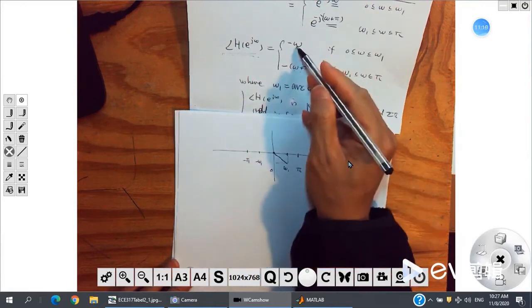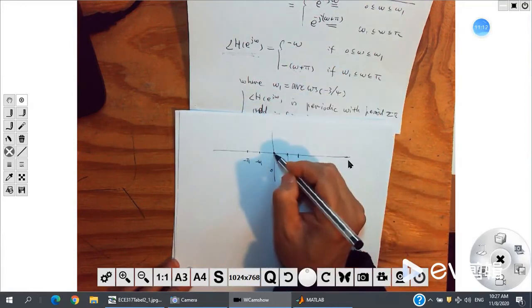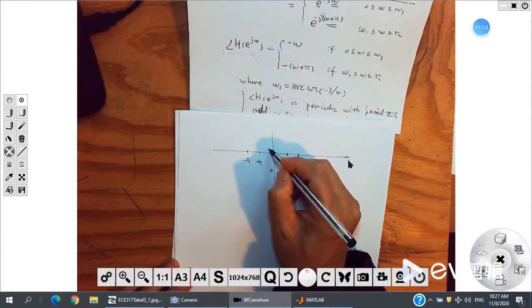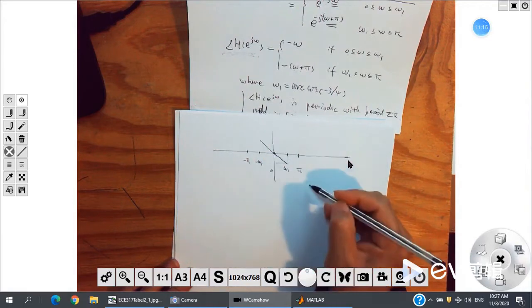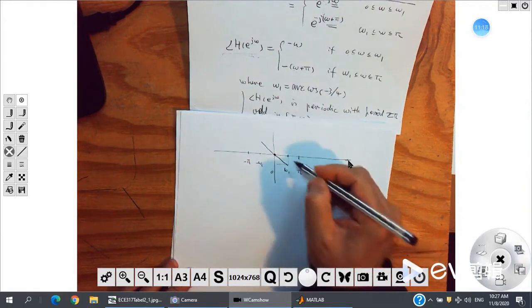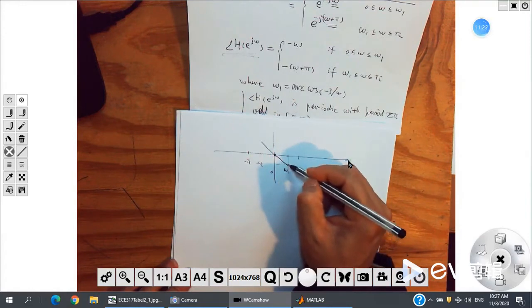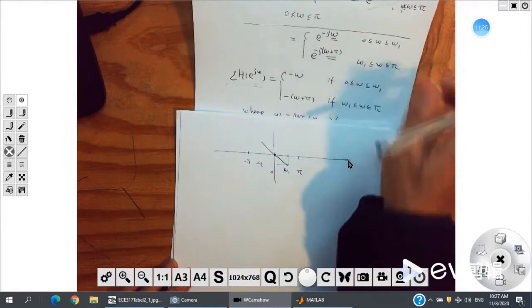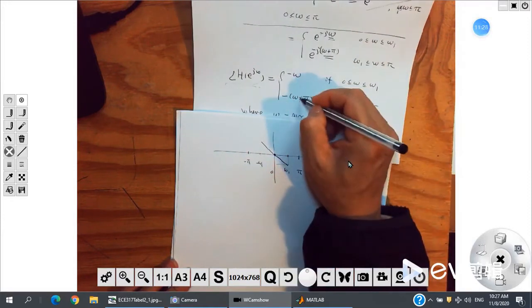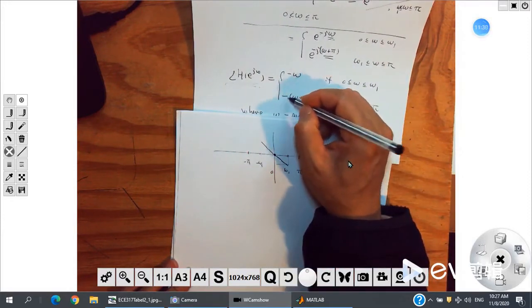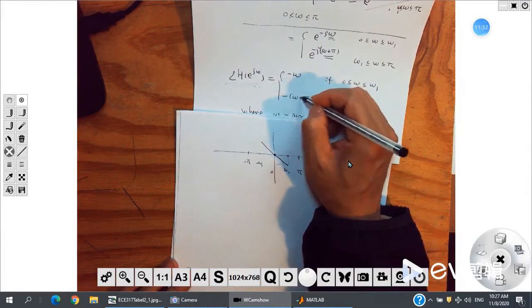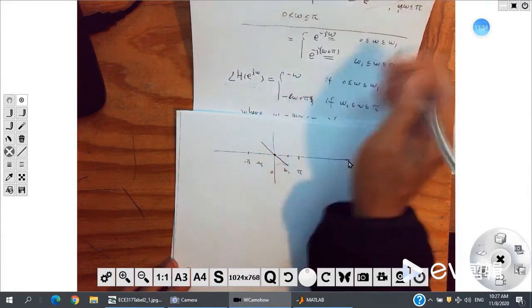It is just negative omega, and it is an odd function, so this side will also look like this. And from omega 1 to pi, it is negative omega plus pi. Actually here I wrote minus pi, but I use negative omega plus pi. It should be the same thing, right?